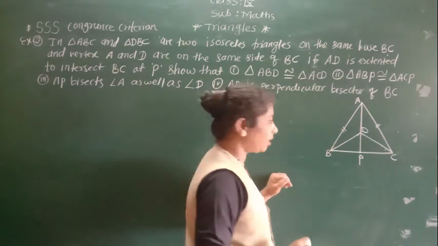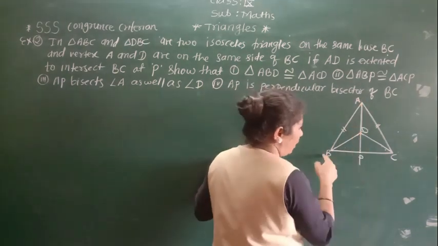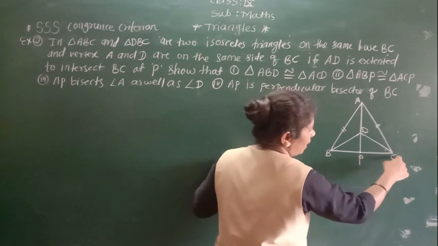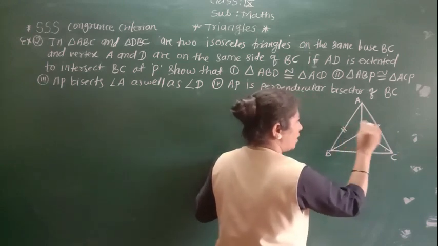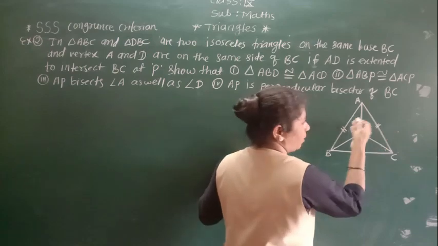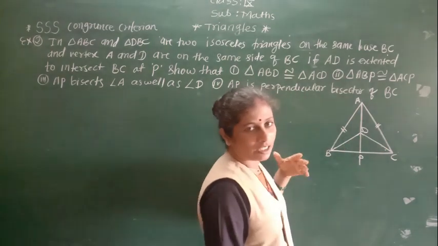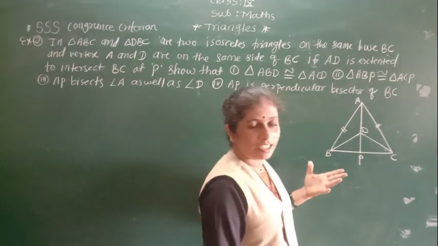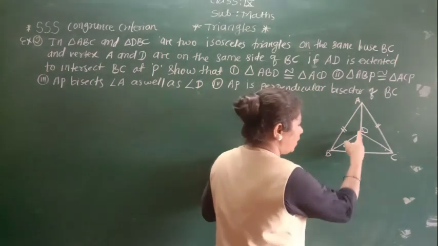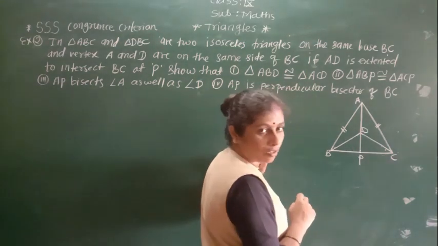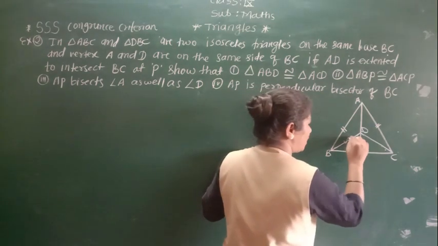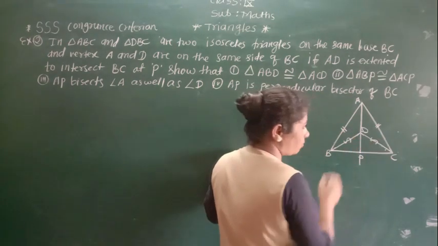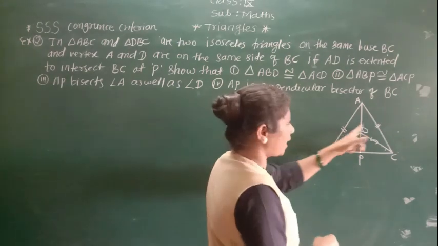Now see how it will come. In triangle ABD and triangle ACD, what can we take? AB equals AC, because it is already given. Then DBC is also an isosceles triangle, so we can take these two sides as equal to prove these two triangles congruent.